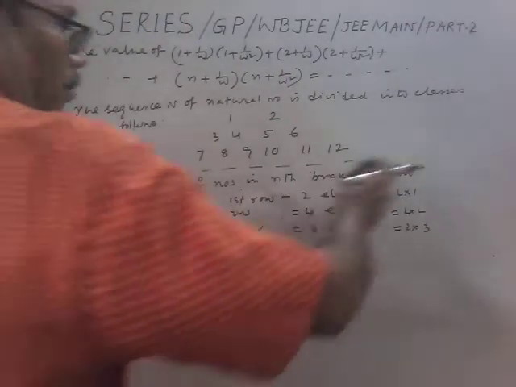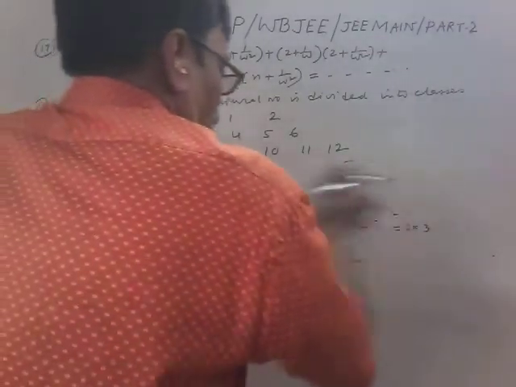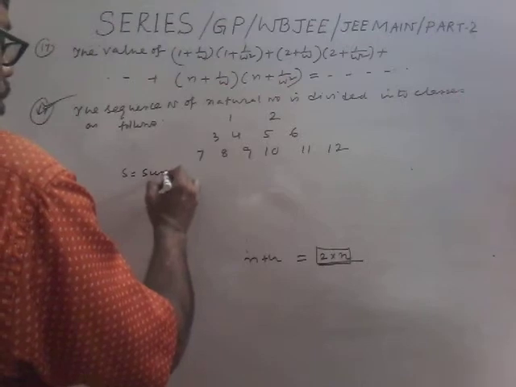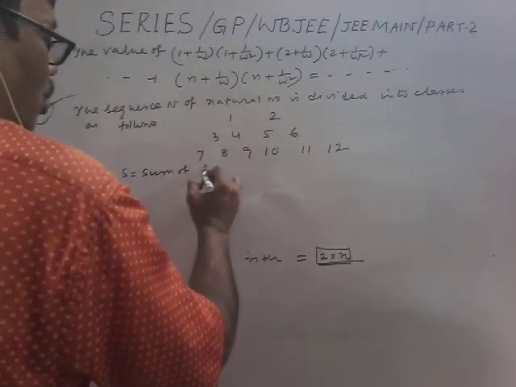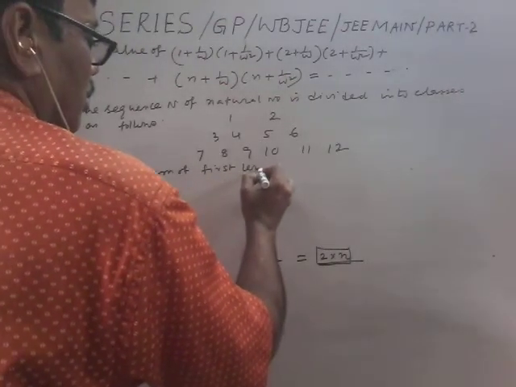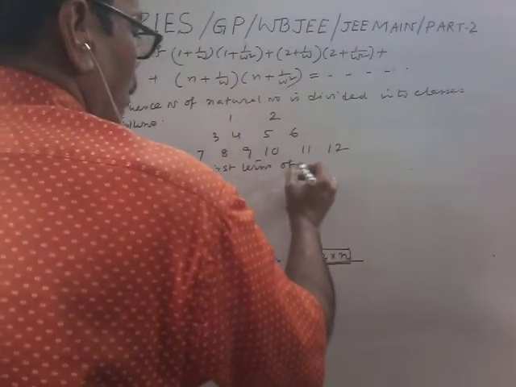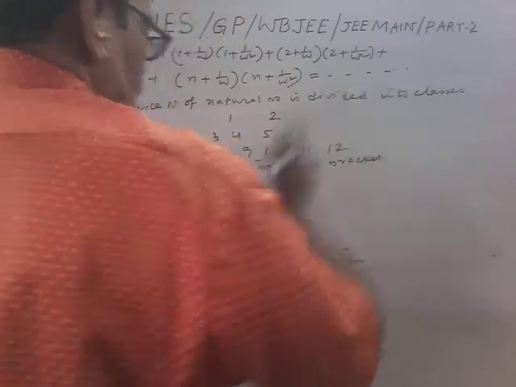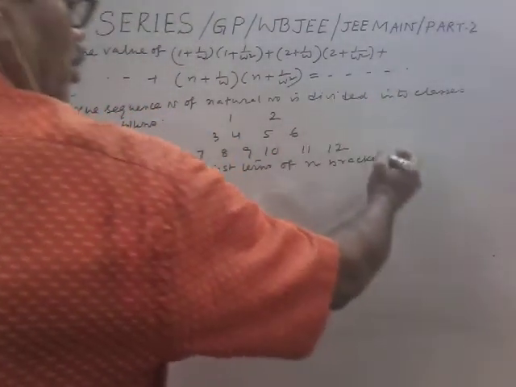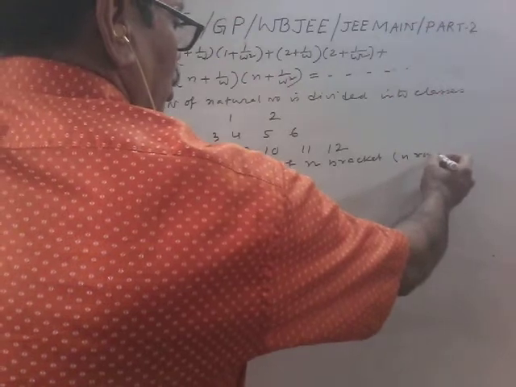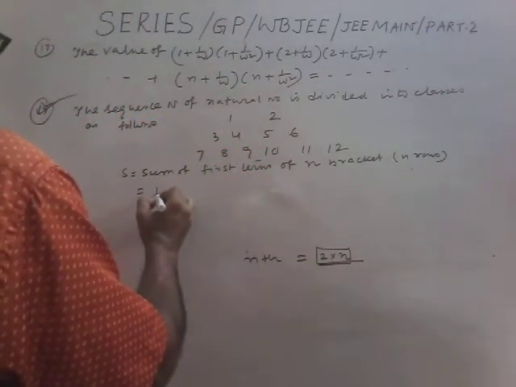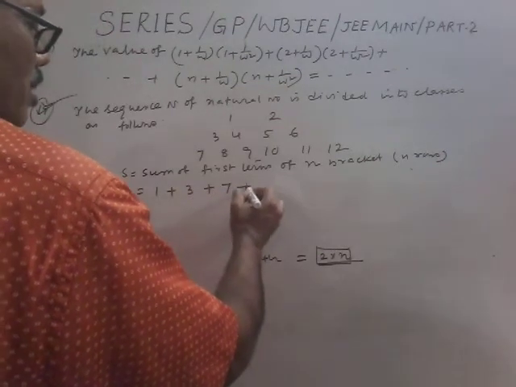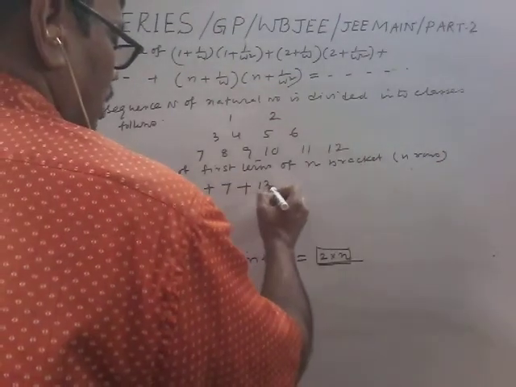Now look, suppose S equals the sum of first terms of n brackets or n rows. So what is the first term? This is 1. For the second, this is 3. For the third, this is 7. For the fourth, it is 13.